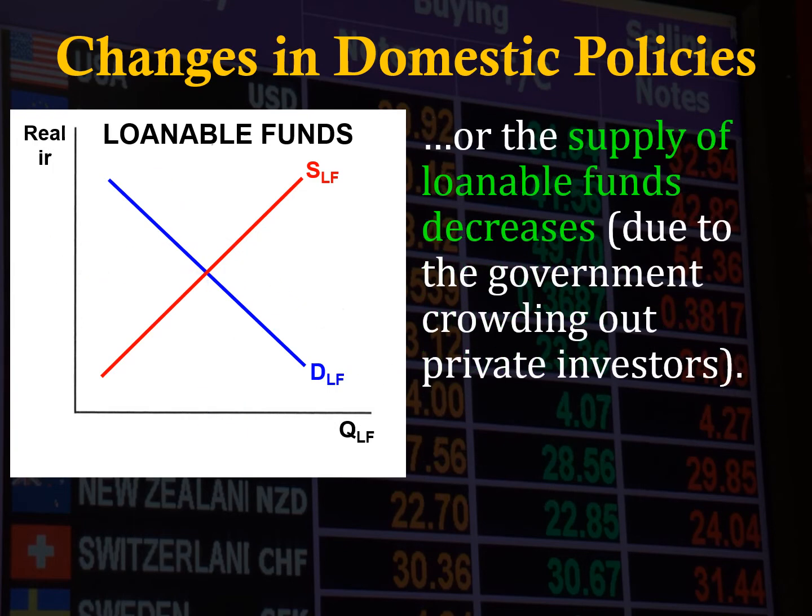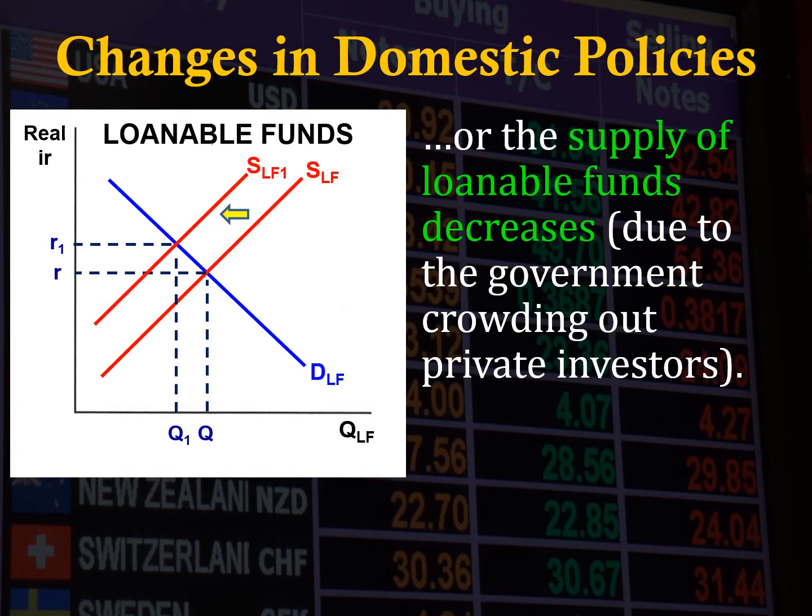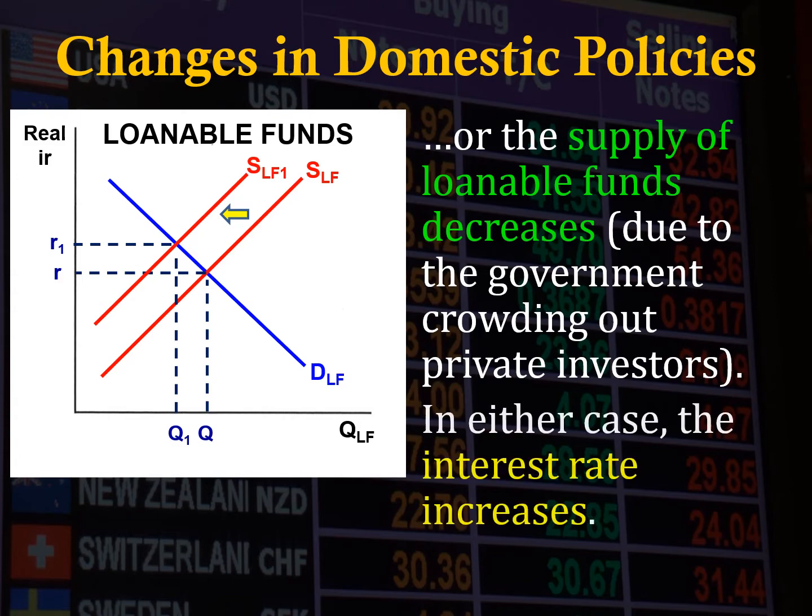The other way to frame this is, if the government borrows money, that's less money available for private loanable funds, so the supply of loanable funds could decrease. The result is the same: a higher real interest rate due to the government crowding out private investors. In both cases, the real interest rate goes up.